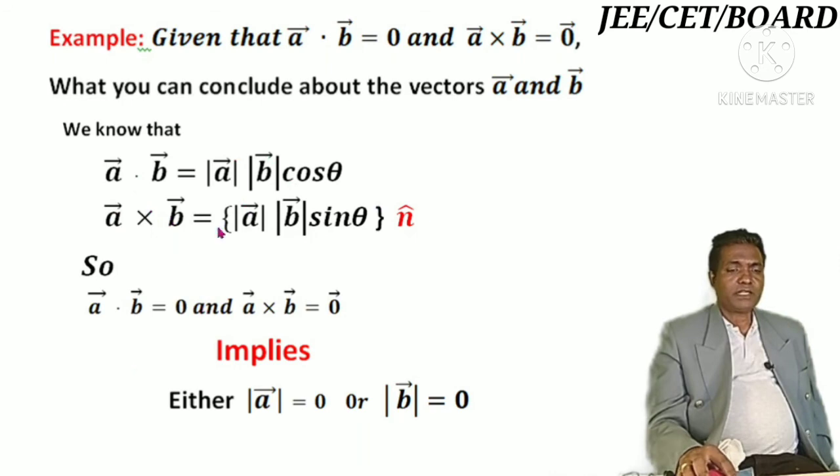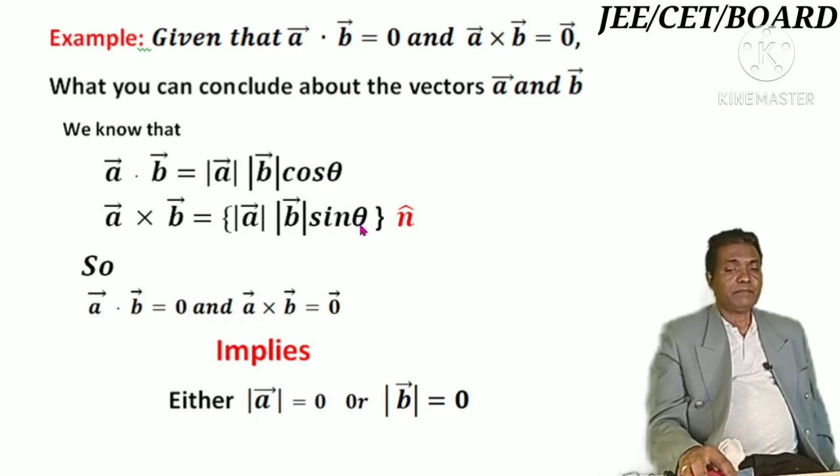Whenever the dot product and cross product are both zero, definitely one of the magnitudes of A and B must be 0, because these depend on the magnitudes of A and B. If one of the magnitudes is 0, then definitely this will happen, because theta varies here.